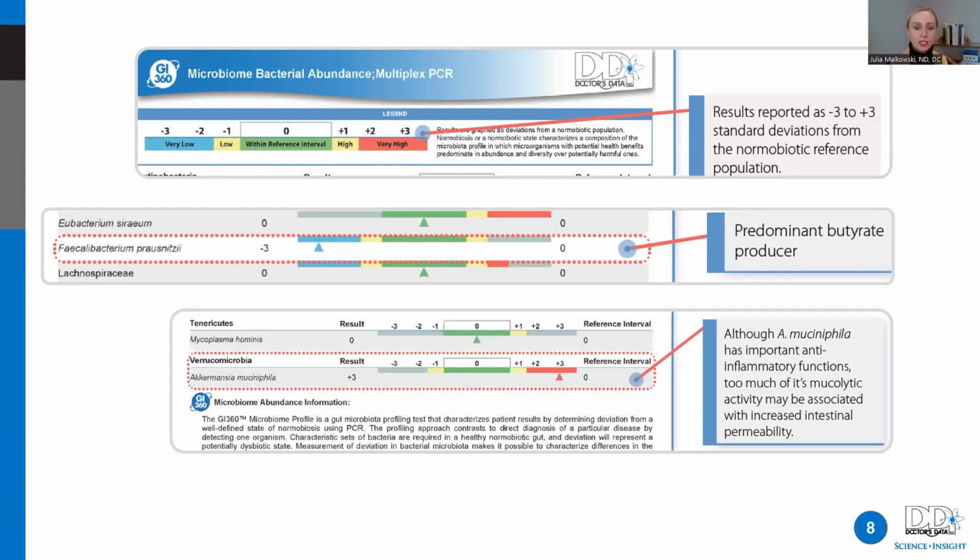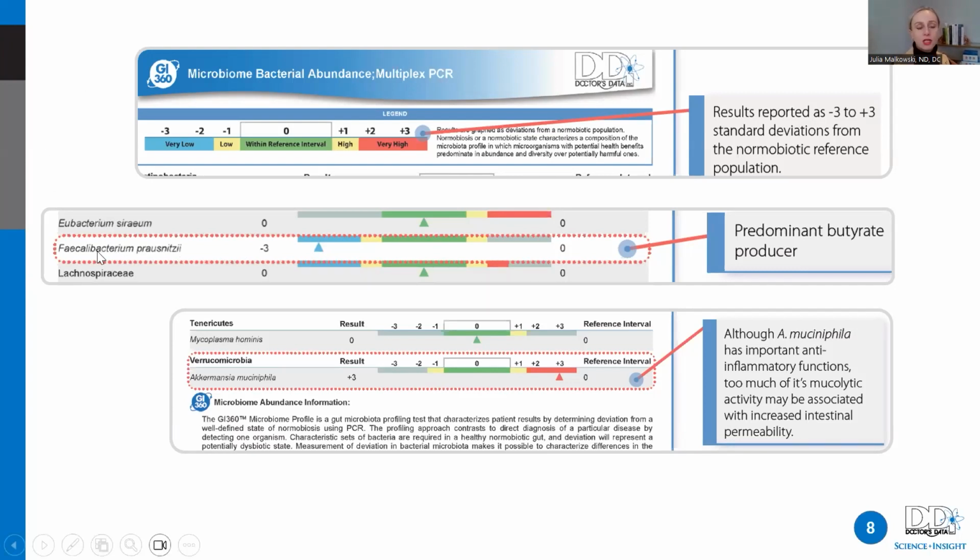And then that bacteria has multiple options. It could either be 1 or 2 standard deviations above or below reference, or 2 or 3 above or below. Really, the best result would be if every single bacteria was green right within that reference interval all the way down the page, and you'll see what I'm talking about in a little bit.